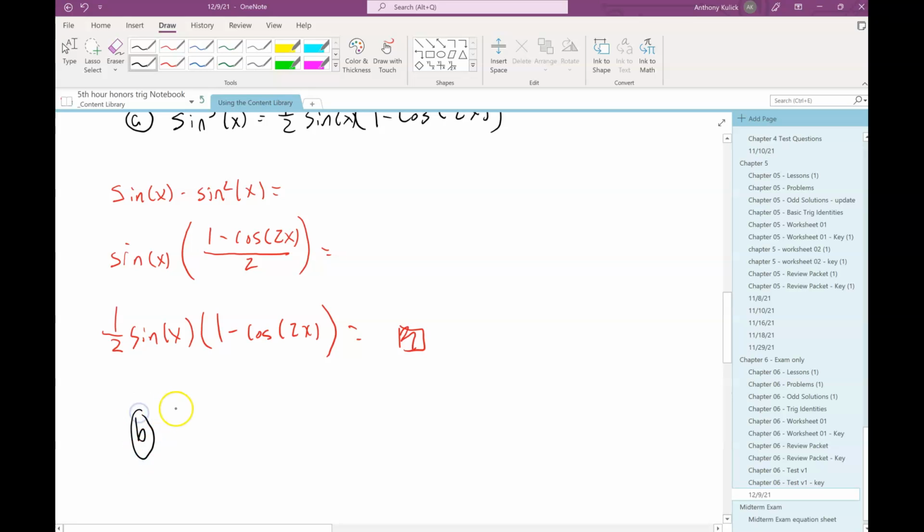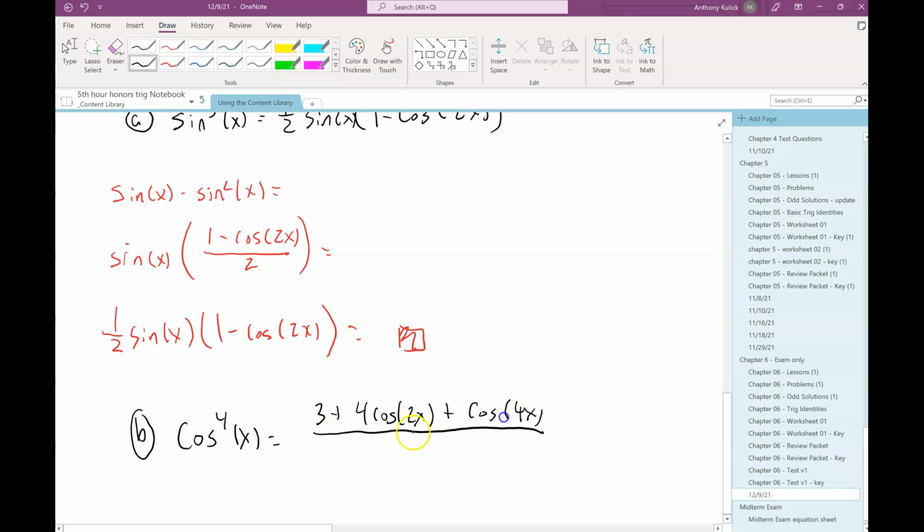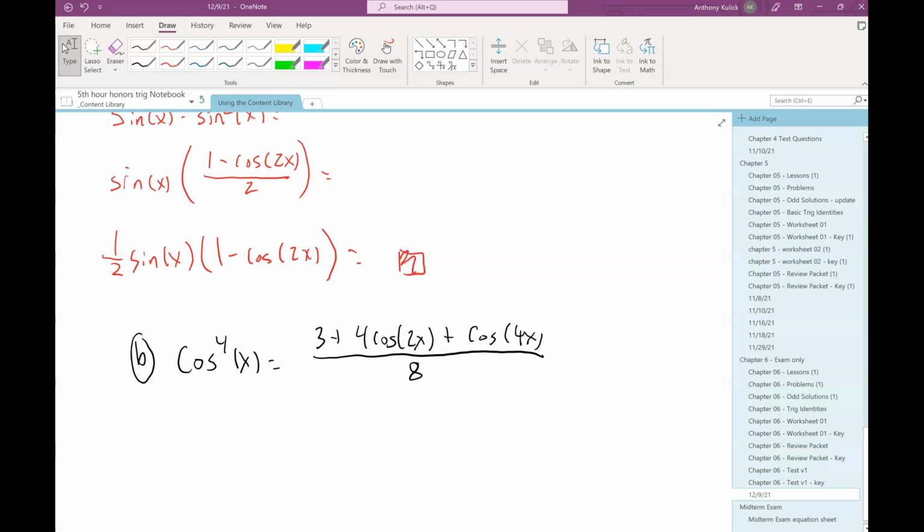Let's do another. So here we have cosine to the 4th x equals 3 plus 4 cosine 2x plus cosine 4x all over 8.